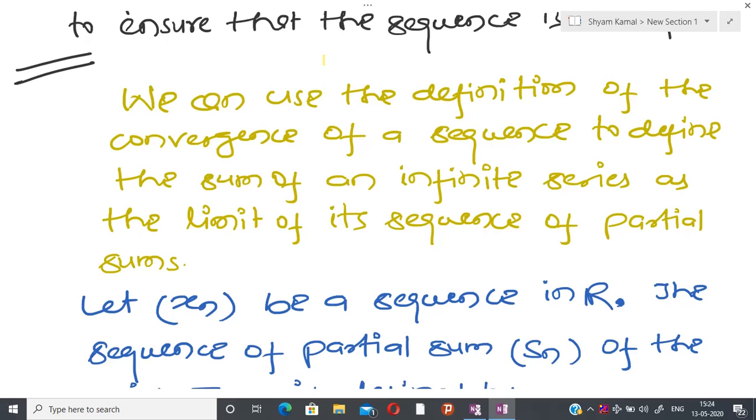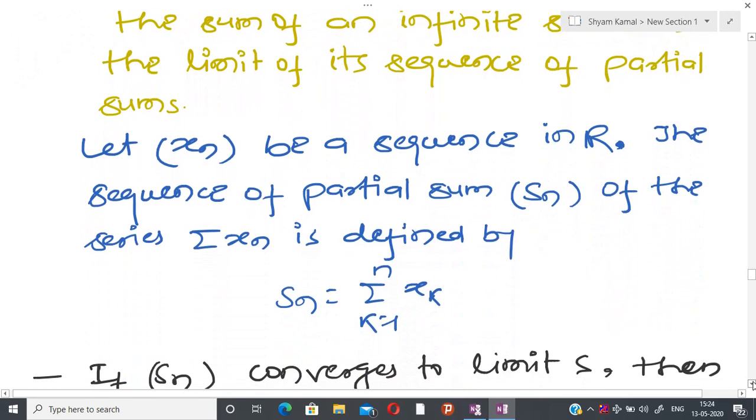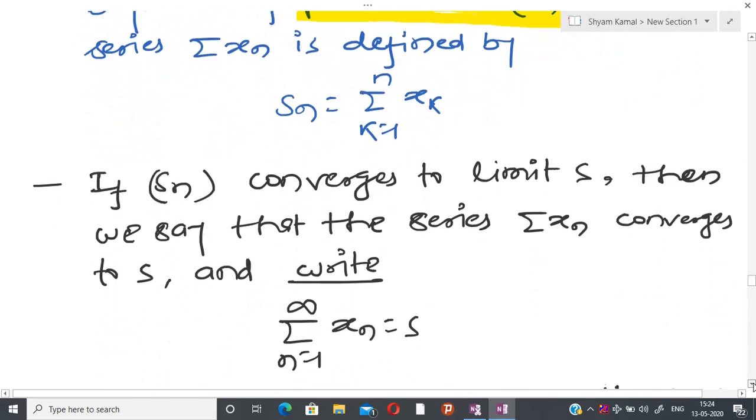So what basically we are telling is that suppose I have a sequence which contains infinitely many terms, and if you consider the partial summation, meaning I truncate that sequence and consider the terms up to n, this is a finite summation.